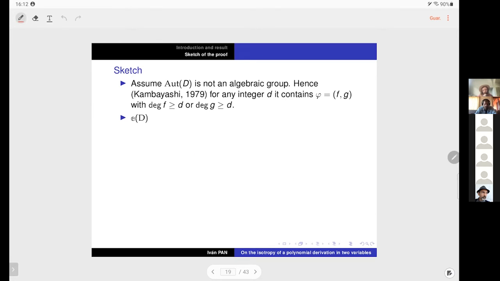Then we now introduce an invariant with respect to conjugation of the derivation, which is explicitly the number of D-stable principal ideals generated by an irreducible polynomial.